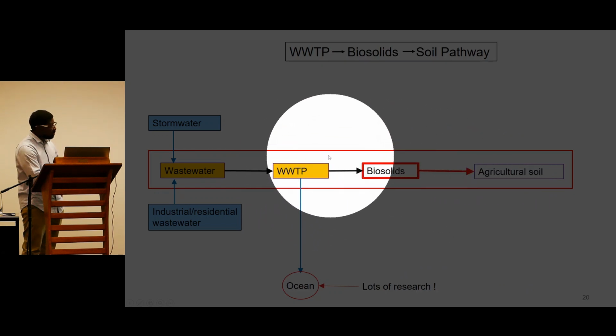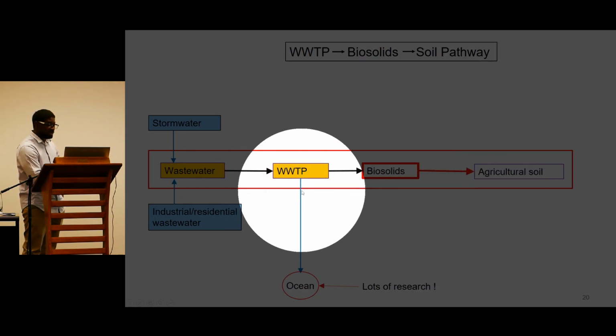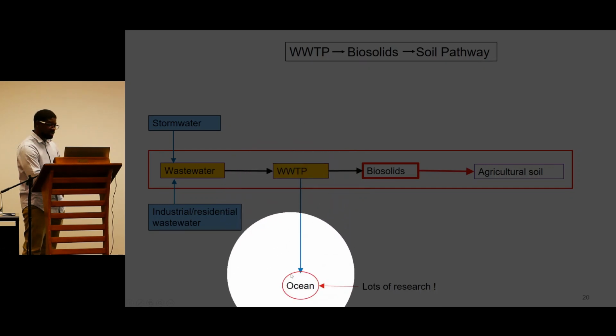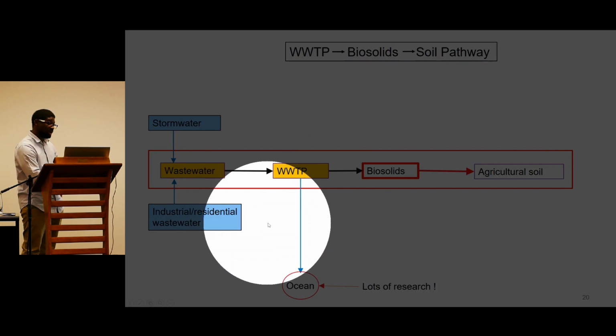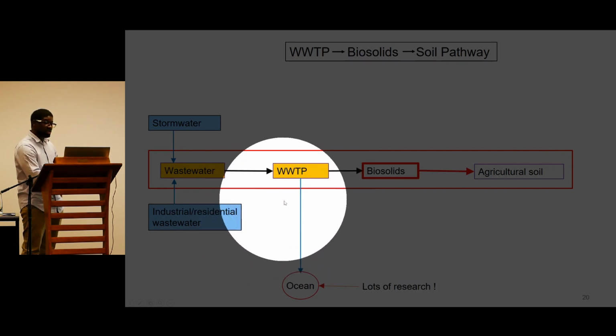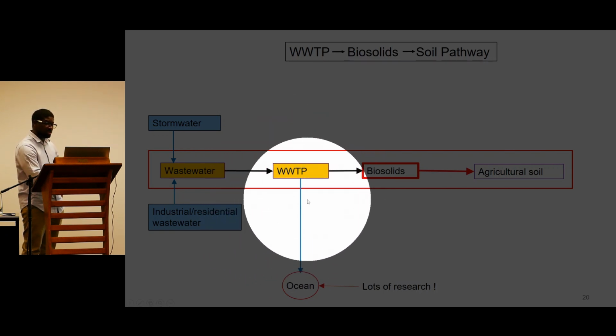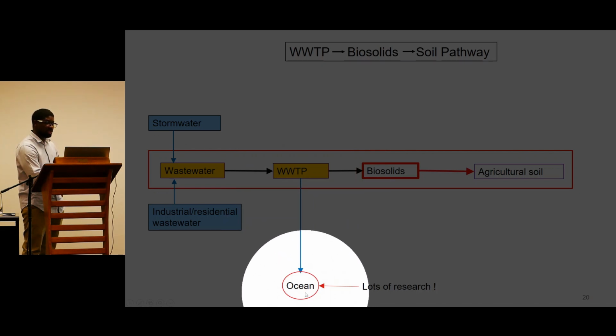And you have some of the particles escaping through the wastewater effluent, because after treating the wastewater coming in, you need to make sure it meets the EPA standards before you release it into the environment. So it's released into rivers and eventually gets to the ocean.